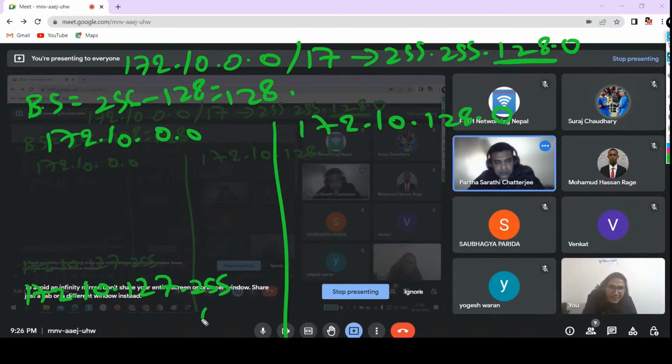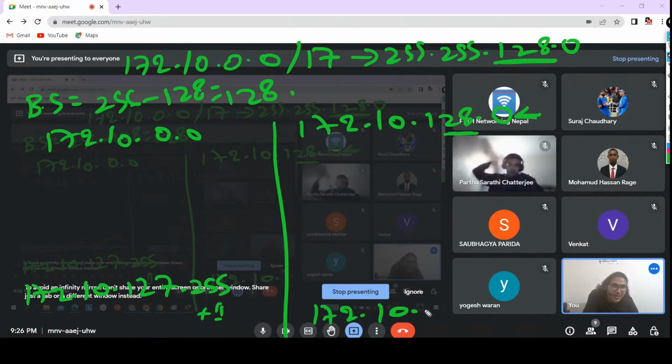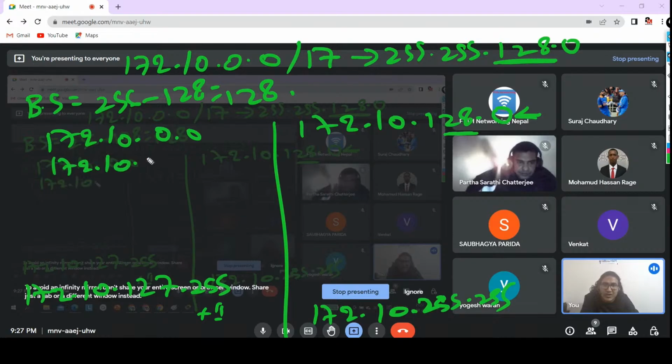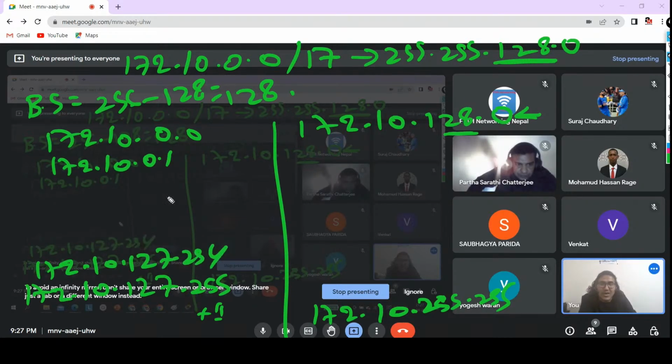If you add 1 here, you will get the next network ID, so this one is just one before the IP address of the next network ID. The first valid IP address of this network will be 172.10.0.1 and the last valid IP address is 172.10.127.254.